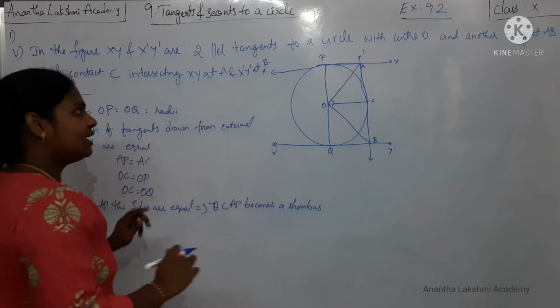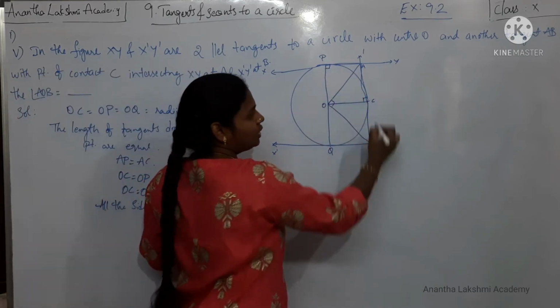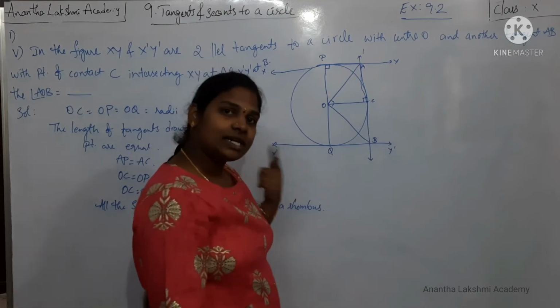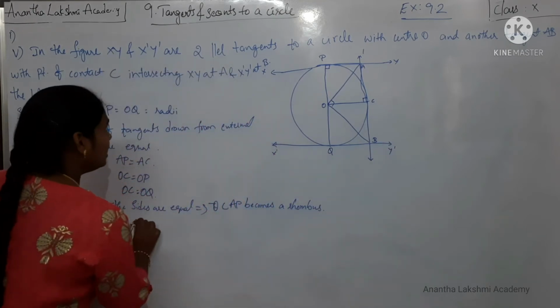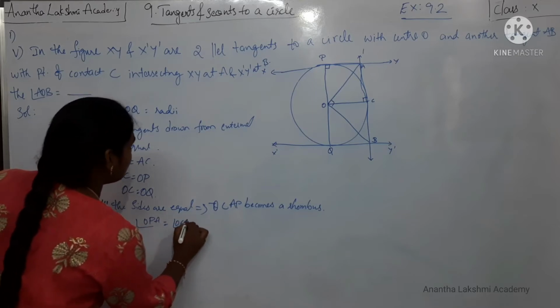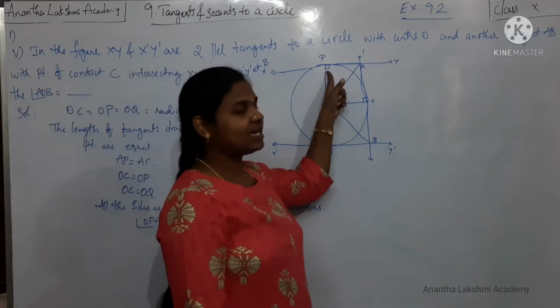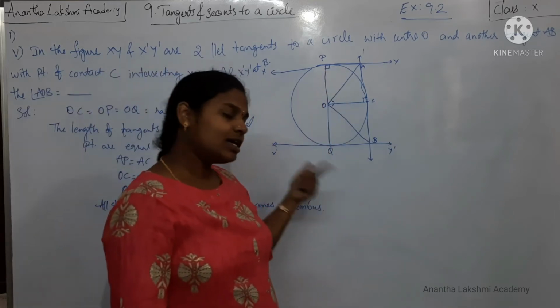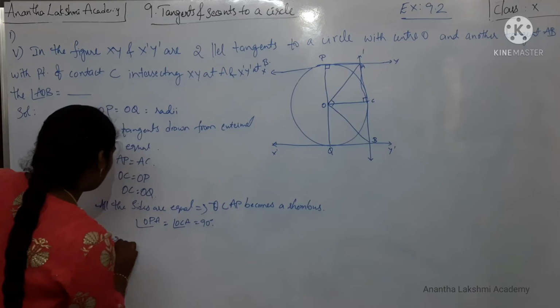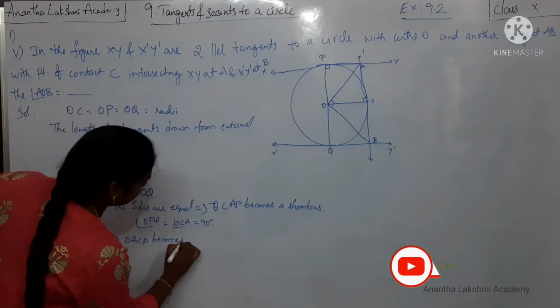Now, look at this. The angle between the radius and the tangent at the point of contact is nothing but 90 degrees. So, angle OPA is equal to angle OCA is equal to 90 degrees. In a rhombus, if one of the angles is 90 degrees, then it is called a square. So, now OACP becomes a square.